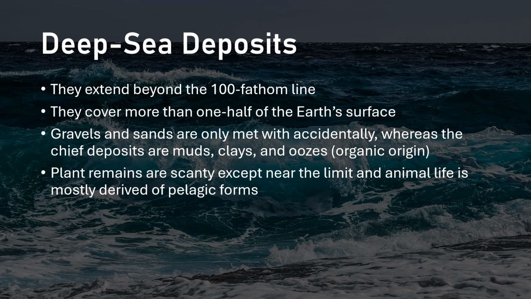Since sunlight penetrates very little beyond 100 fathoms, it follows that plant remains are very scanty except near the limit. Animal life, however, for the most part is derived from the remains of pelagic forms. The temperature is very low, being below 40 degrees Fahrenheit over the greater part of the area. The conditions are uniform over very wide areas.